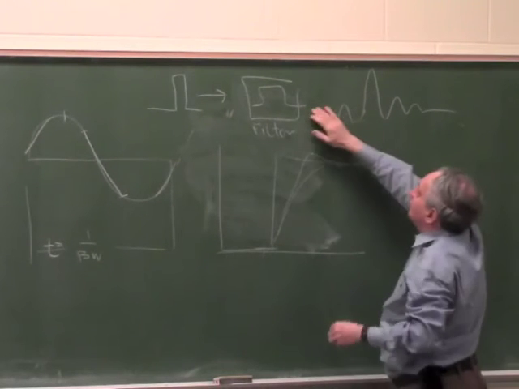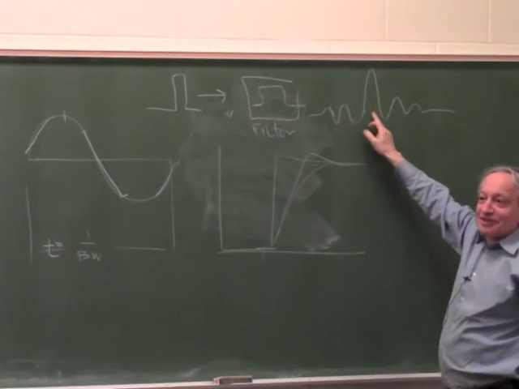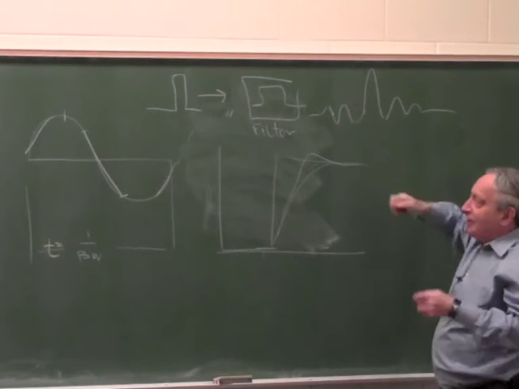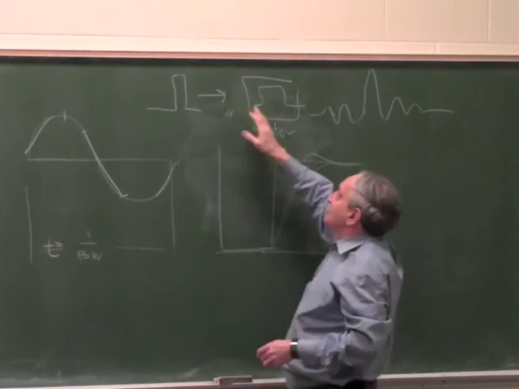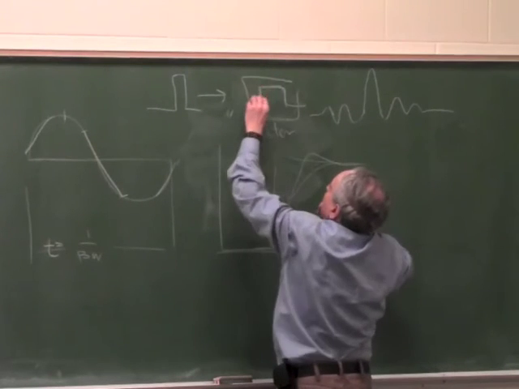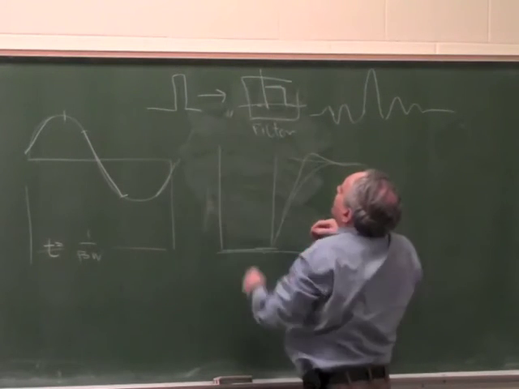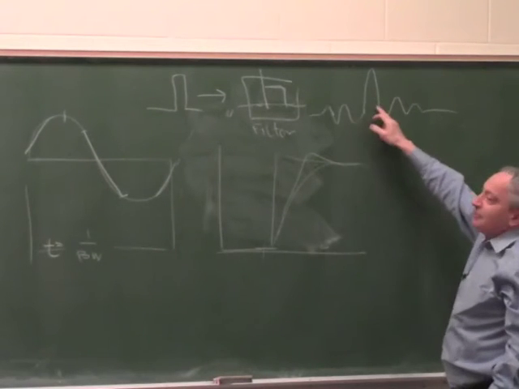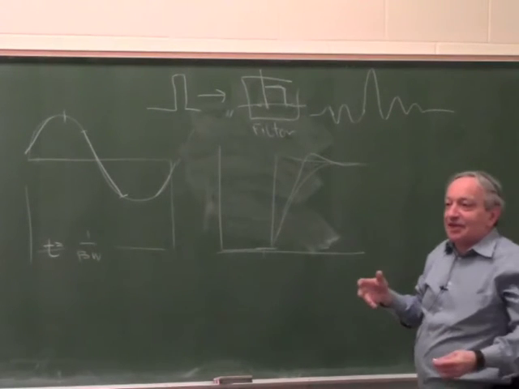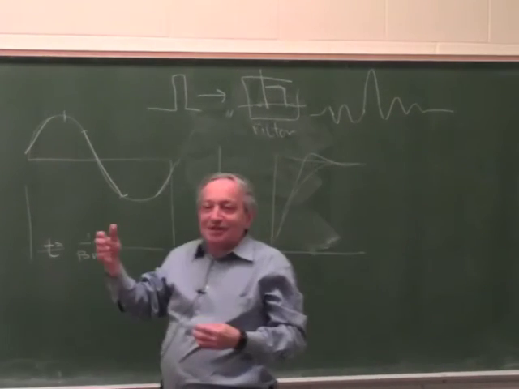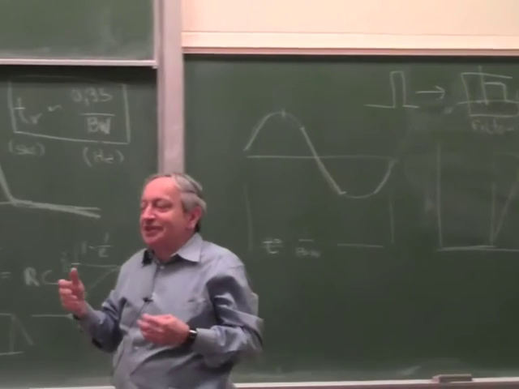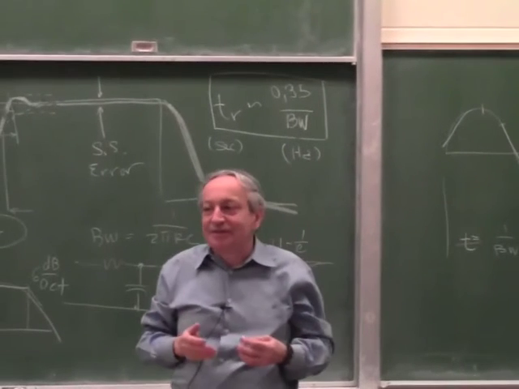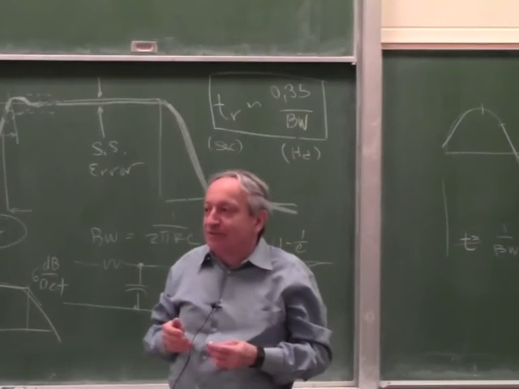How does it know to start ringing before the pulse started? Right, if you take a scope and you send a pulse through such a steep filter, or a filter like this even, it will come out looking like this. It will start ringing before the main pulse. So it looks like it could see the future. It could see a pulse coming. So how can it be that it starts ringing before the pulse? And we spent an hour on that too.